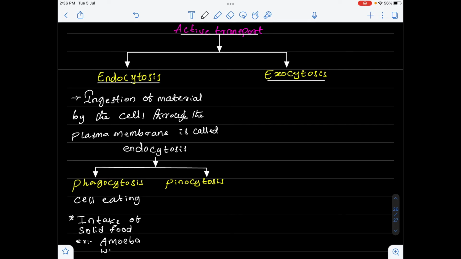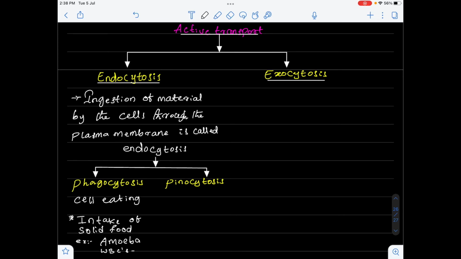Similarly, white blood cells engulf the foreign particles or pathogens through the membrane, then it is also called as phagocytosis. So phagocytosis is a type of endocytosis.